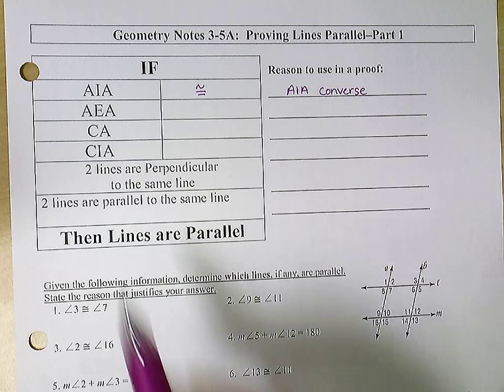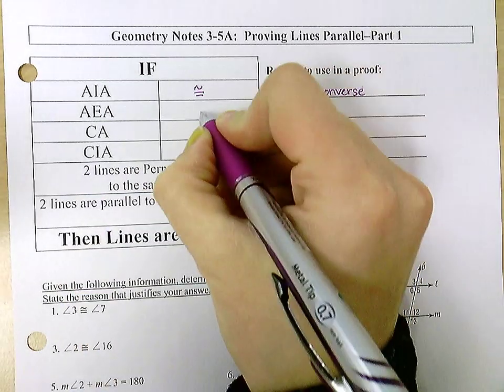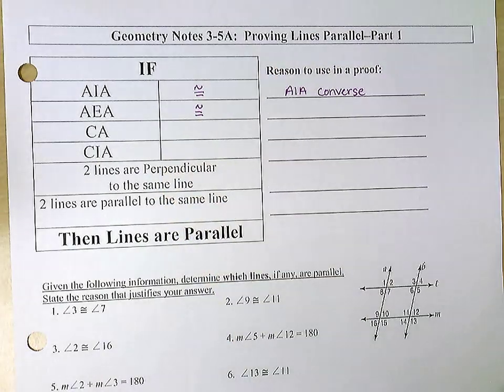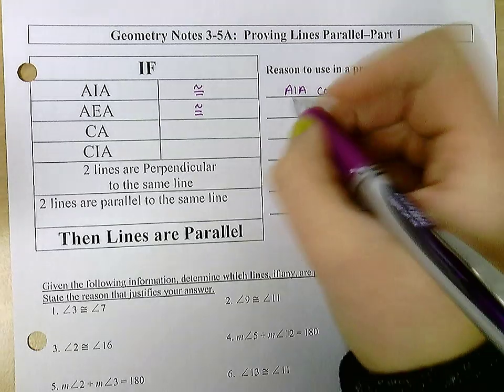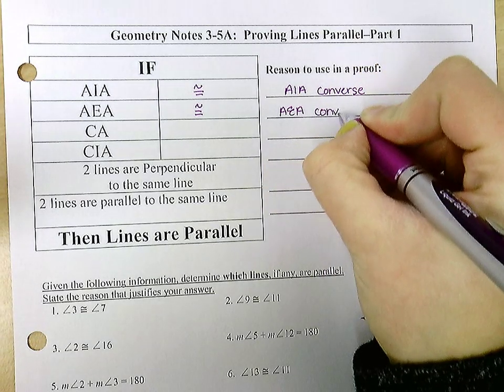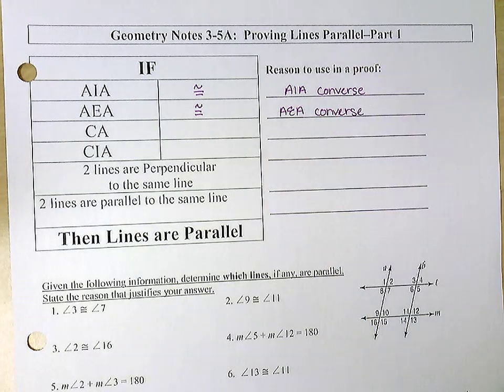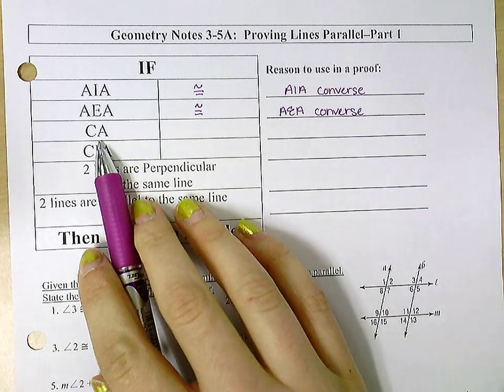Okay, same thing with alternate exterior angles. So if we have alternate exterior angles that are congruent, then we can say that those lines are parallel by the alternate exterior angle converse. Same thing with corresponding angles.